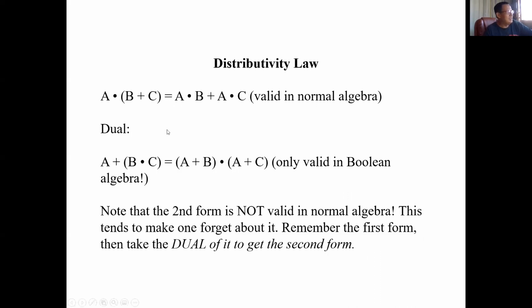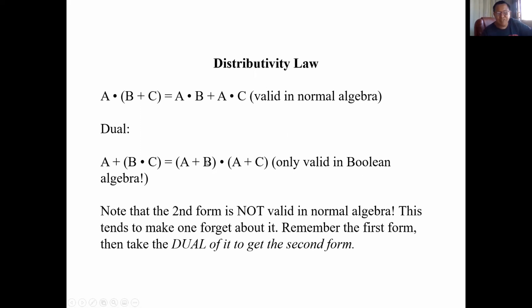Okay, distributive law. This is valid in normal algebra, no? A times quantity b plus c is ab plus ac. It's the same algebra, same math. Now, there's a dual: a plus b times c is equal to a plus b times a plus c.